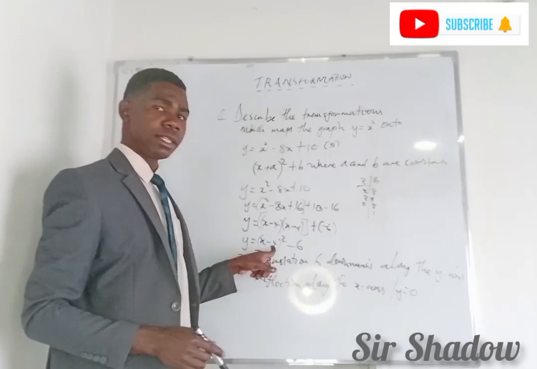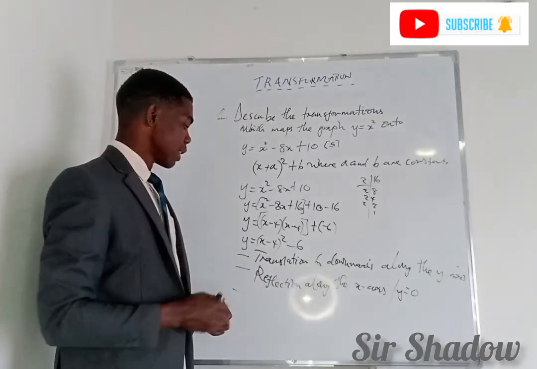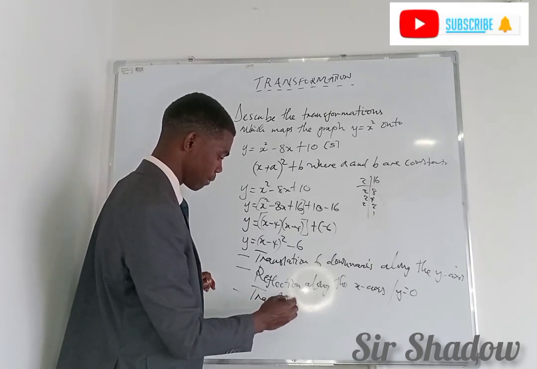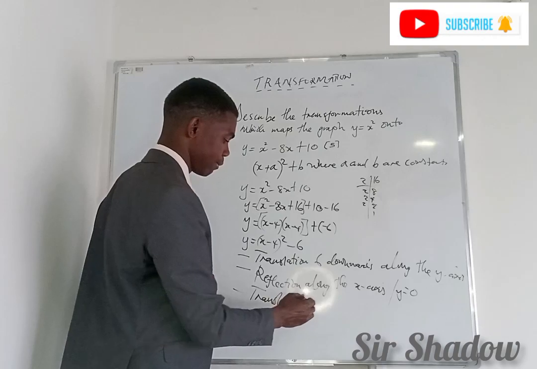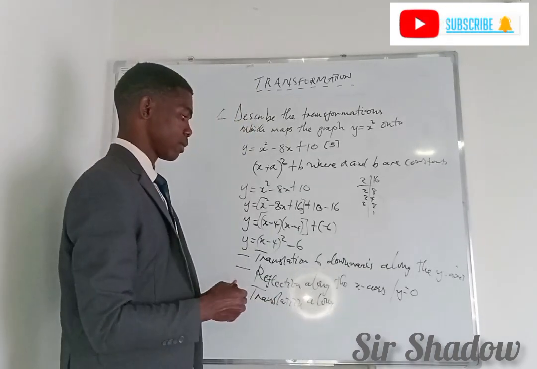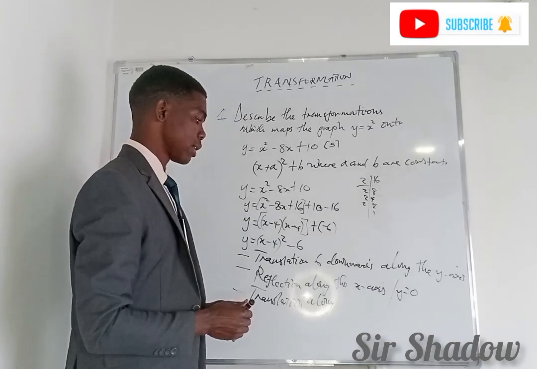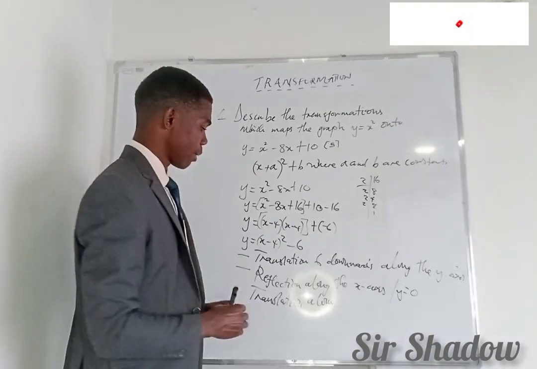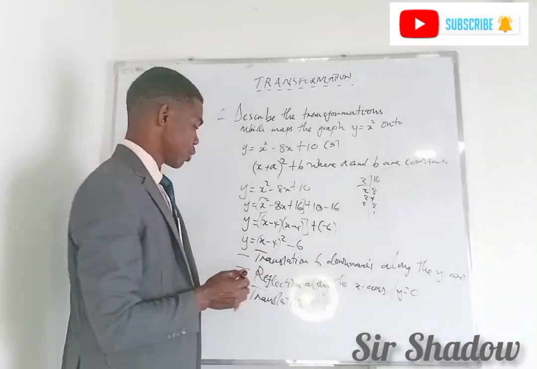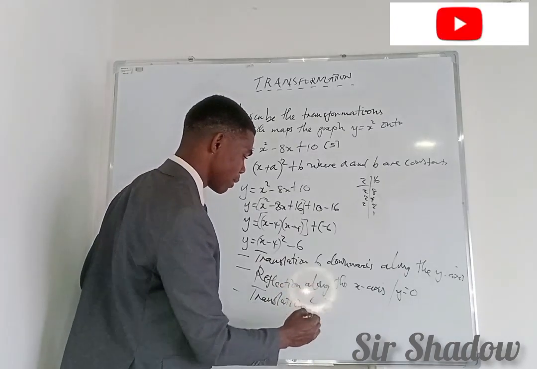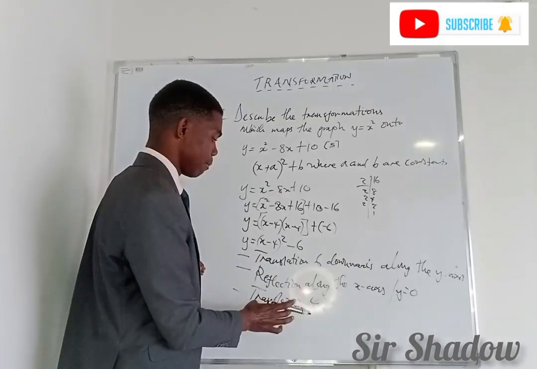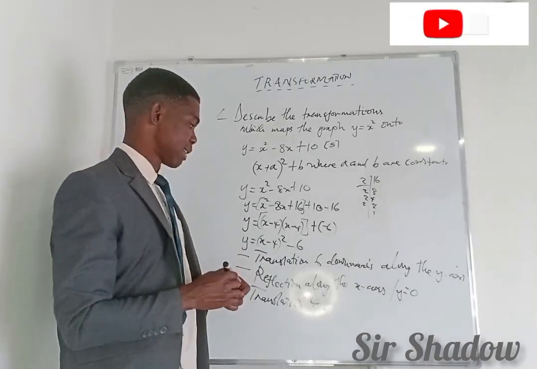Then third part, we are left with negative 4, which means this one is also a translation. It's a translation of 4 units, and since it's negative it should be the opposite, so instead of moving in the negative direction it should be positive.